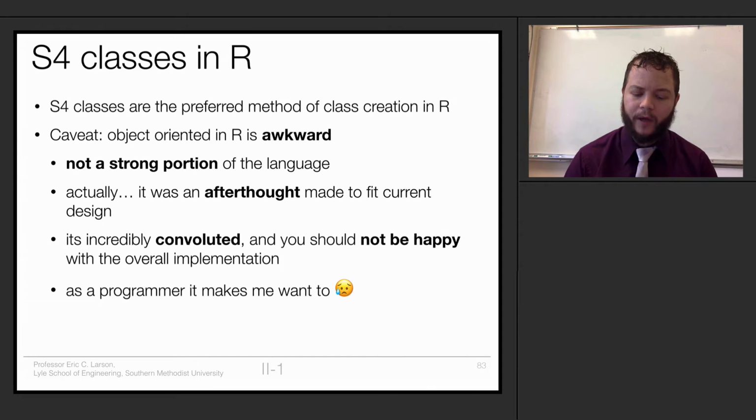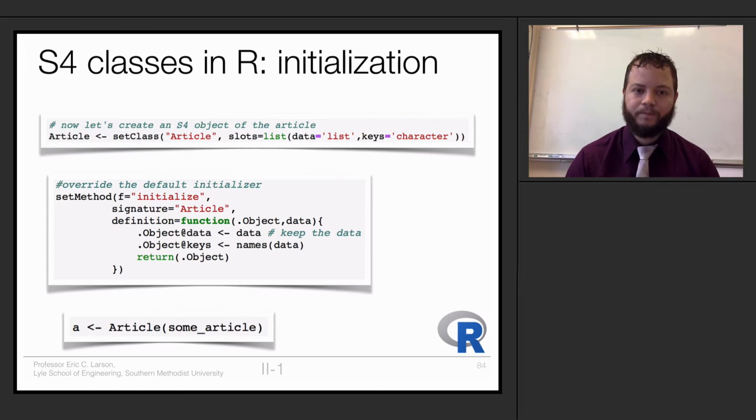Like, well, we should probably also be using object-oriented programming, so let's try to make object-oriented programming fit into what we already have for R, the function creation, how we use R. And so you really should not be happy with the implementation that's in R. It does have a mechanism for using object-oriented programming, but it's different than every other programming language that you will see. And so as a programmer, it should really make you want to cry. But this is how we do it.